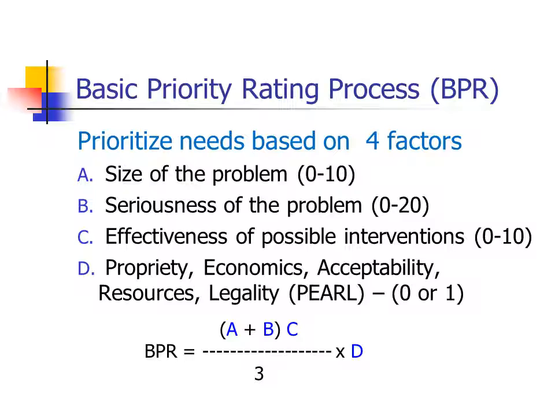Again, this acronym is PEARL, which incorporates all of those different things: propriety, economics, acceptability, resources, and legality. And if any of those are not there, it results in a 0, which blows up the formula, and you end up with a low rating for that particular thing. So hopefully you can see how that works.